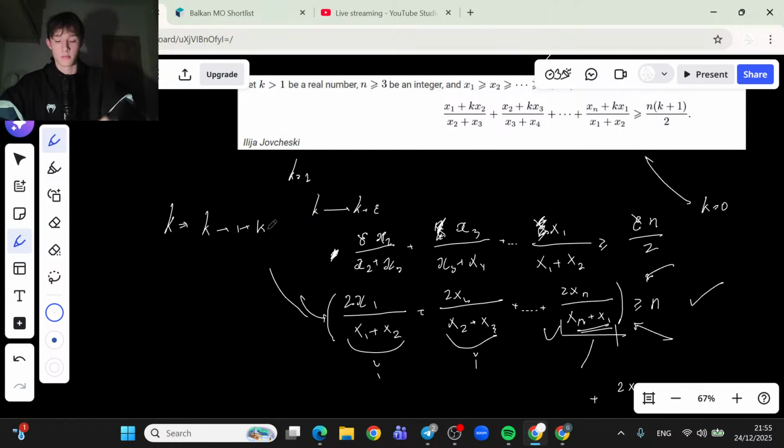I think that's maybe the correct thing to do, because if we do that, we cut off this weird k greater than 1 condition, and we kind of win, if you understand this. But yeah, I'm not really sure.